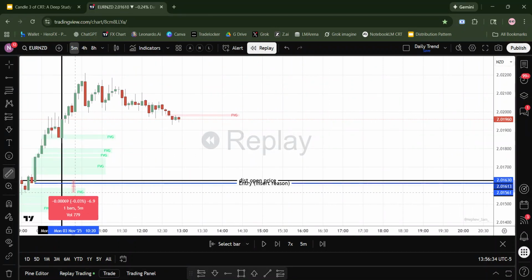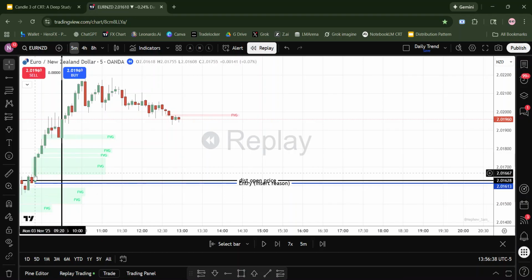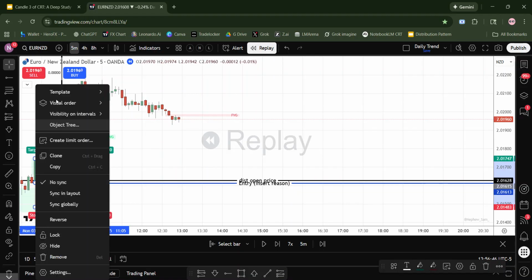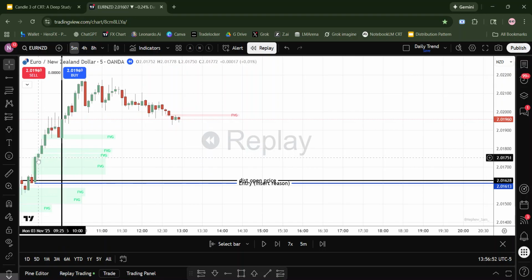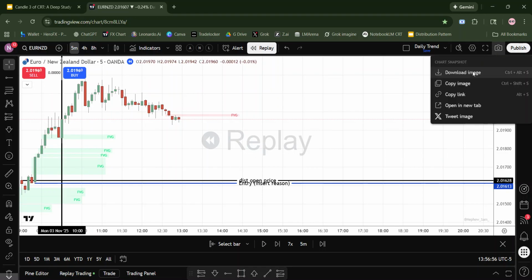It is less than 10 pips, about 8 pips, so that fits. And this gap held up, so it all came together. That's our perfect entry, and we could have got 1 to 5 on that one. Awesome. That's a 9:20 entry, so we take our picture.